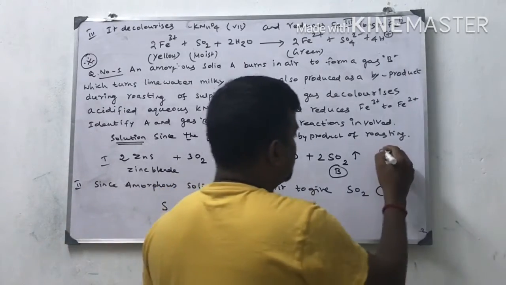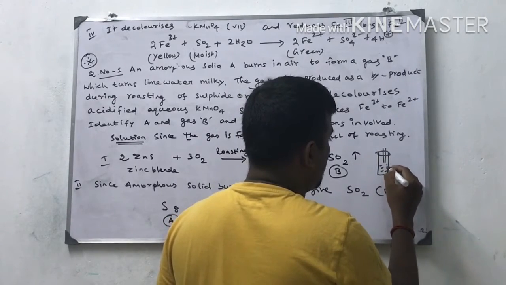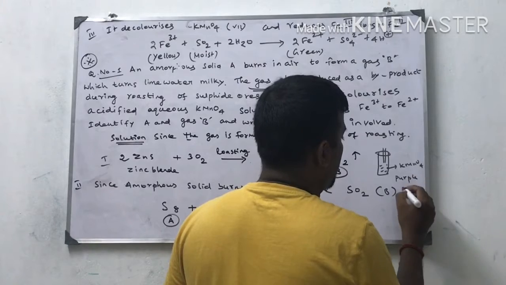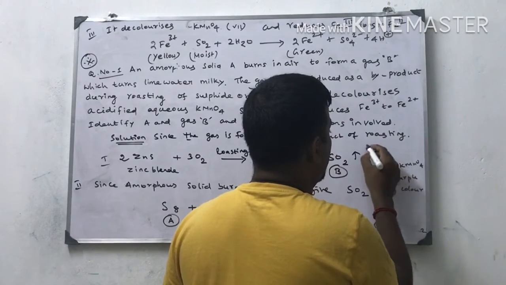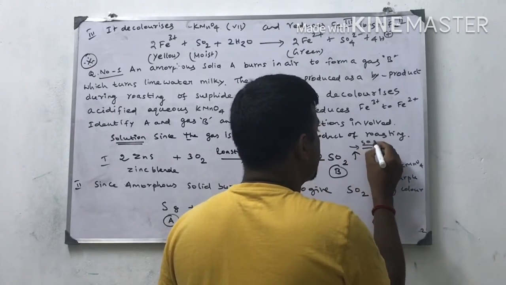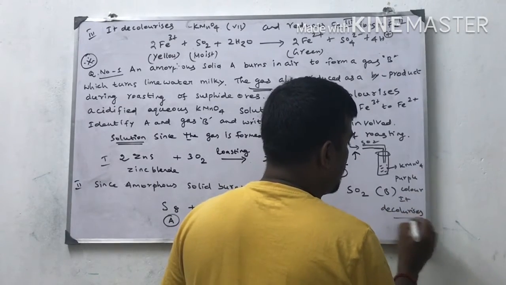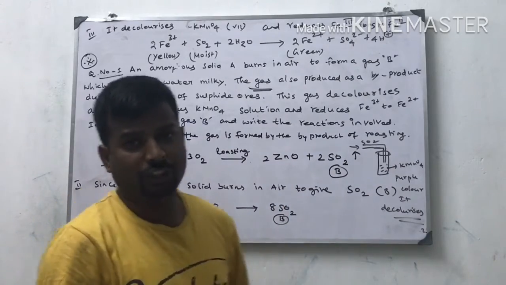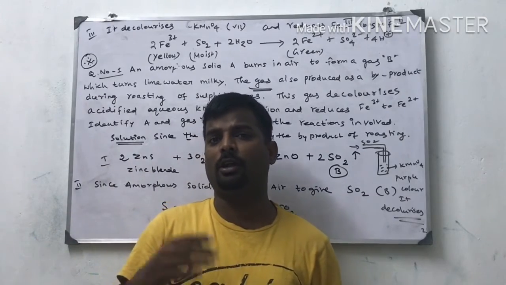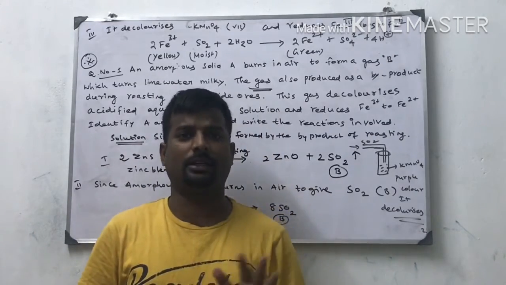See here, potassium permanganate is purple in color. Whenever I pass SO2 gas, it decolorizes. The purple color becomes colorless. This shows that sulfur dioxide is present.